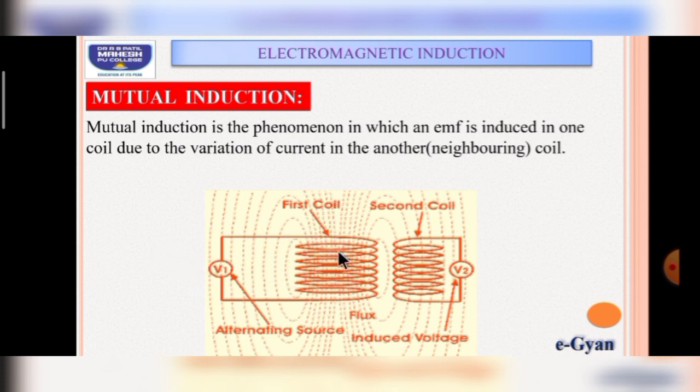When a current flows through this coil, a magnetic field is produced, and due to this magnetic field there is a change in the magnetic flux linked with the second coil, and due to this change in magnetic flux an EMF is induced in the second coil. This phenomenon is called mutual inductance.